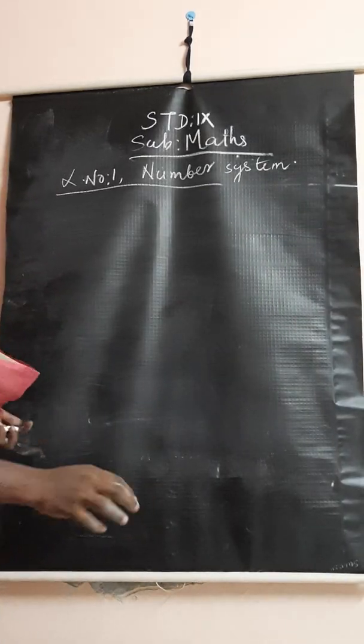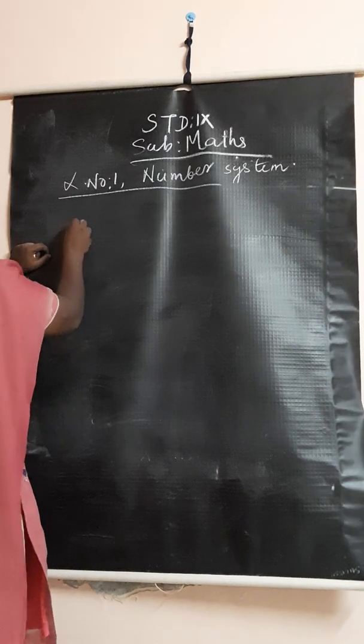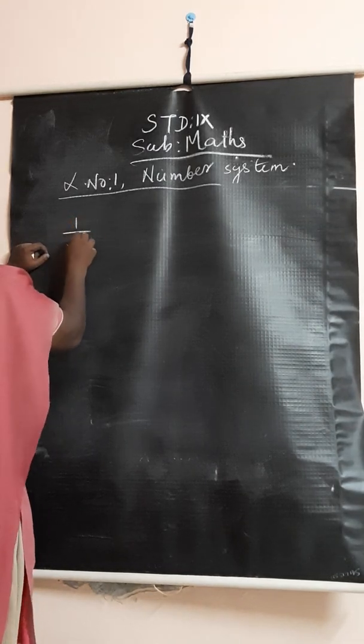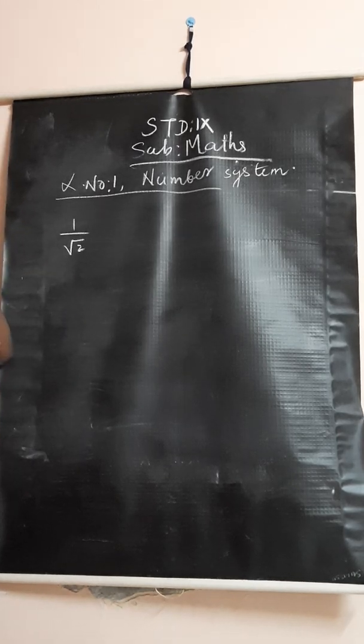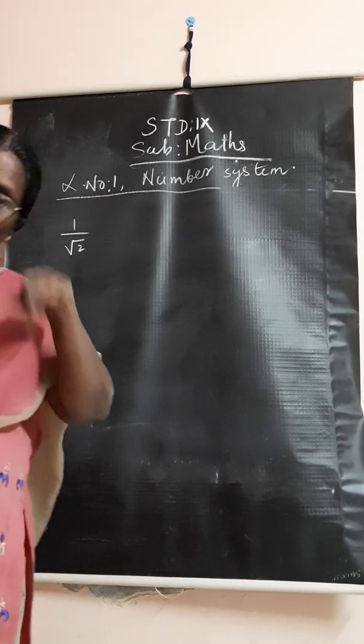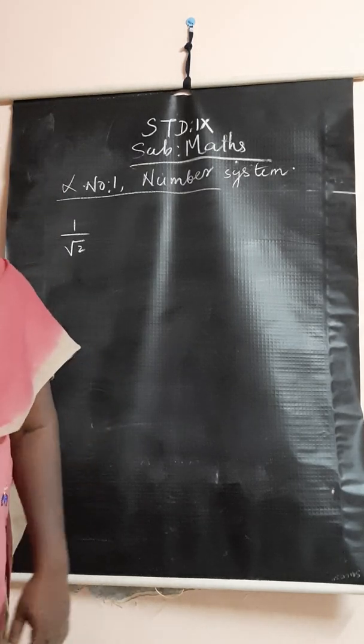For example, I will give you a question. See here, 1 by root 2. I have taken 1 by root 2, so this denominator is root 2. This denominator we have to rationalize. The meaning is that we want to make the denominator a rational number.